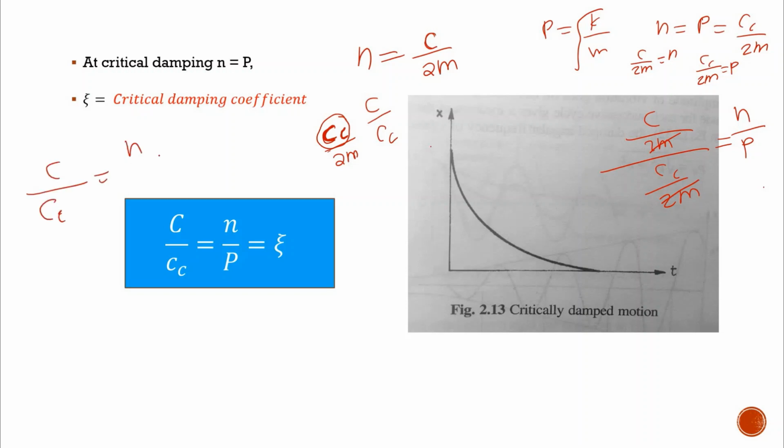This is named as the damping factor, represented by the symbol zeta.